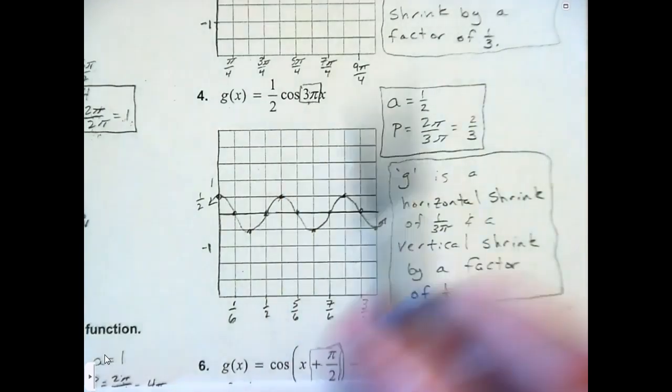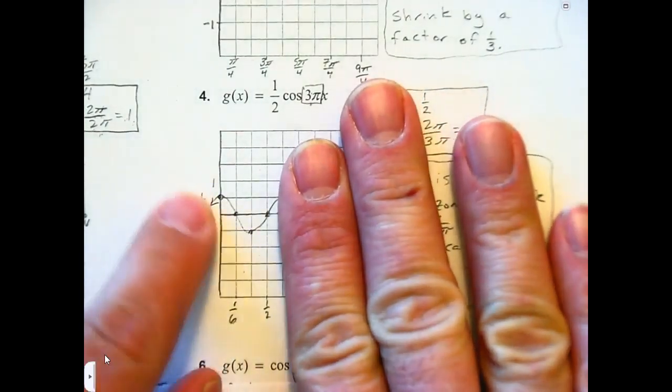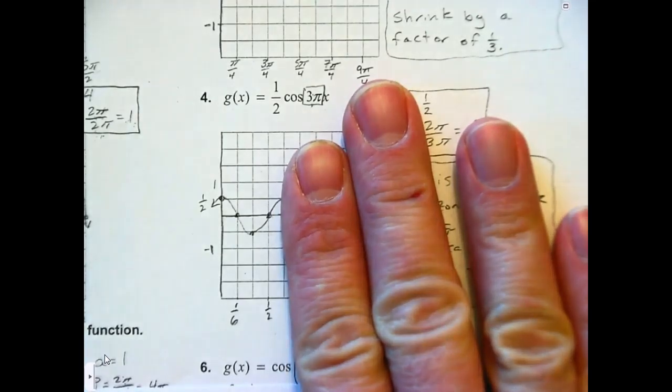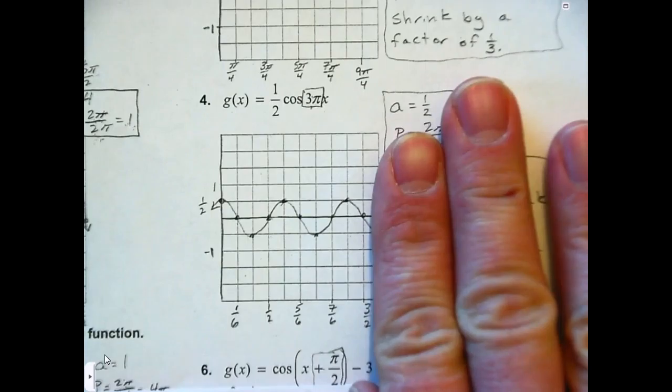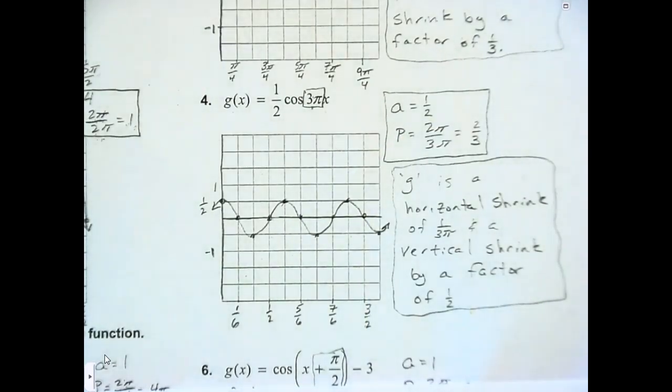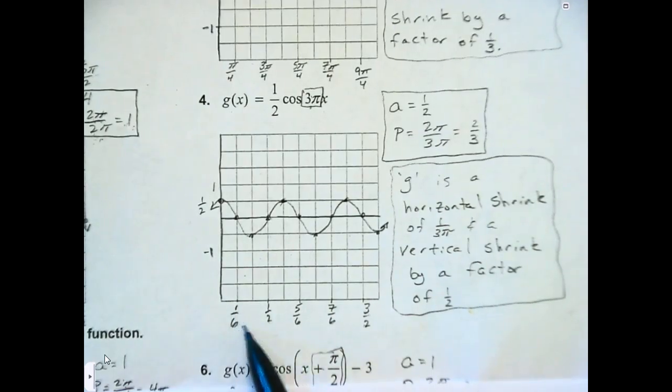We would have to see 9.5 cosine curves. Right now we see 1, 2, and a half, a little over that. Okay? So the scale.